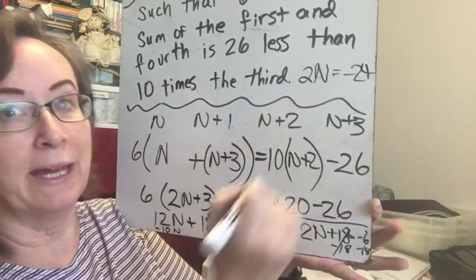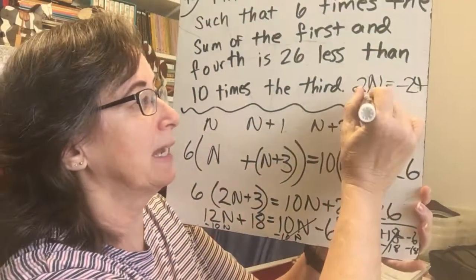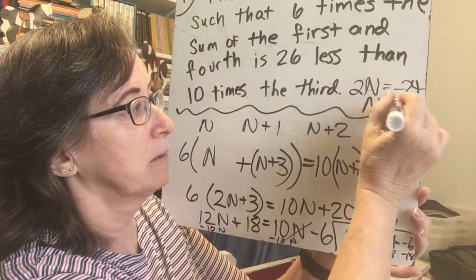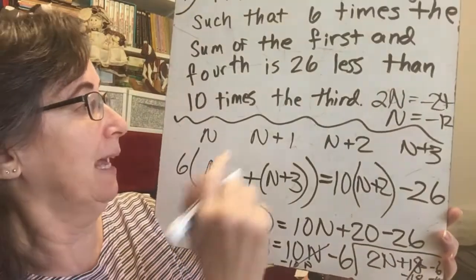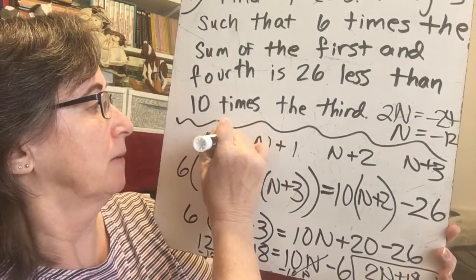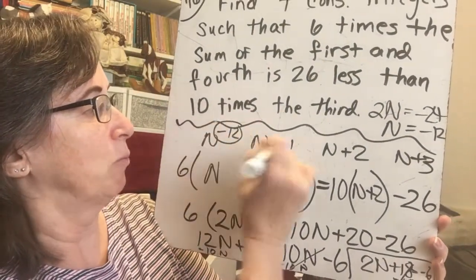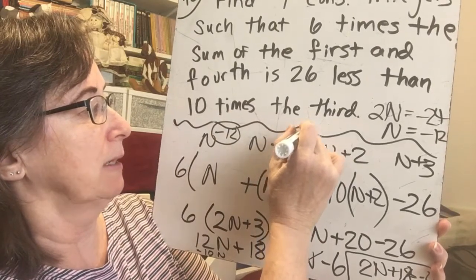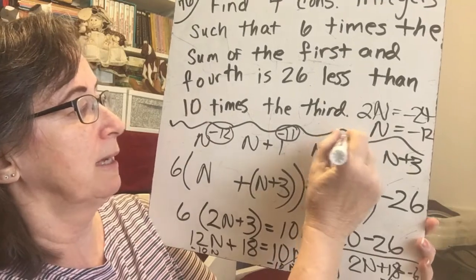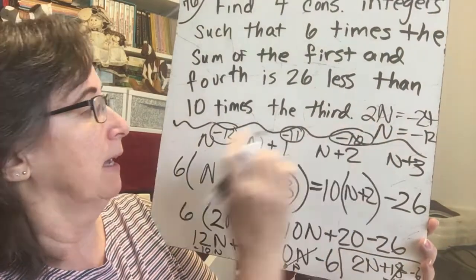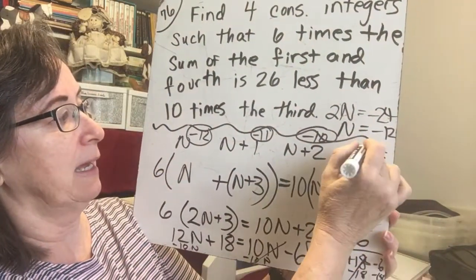So if 2n is a negative 24, then wouldn't n divided by 2 equal negative 12? So if n is negative 12, and then I add 1, I go to negative 11. And then I add another, so negative 12 plus 2 is a negative 10. Negative 12 plus 3 is a negative 9.